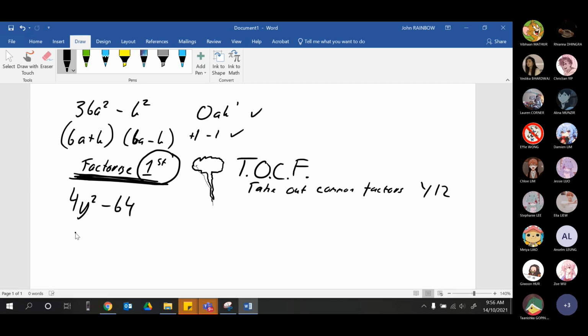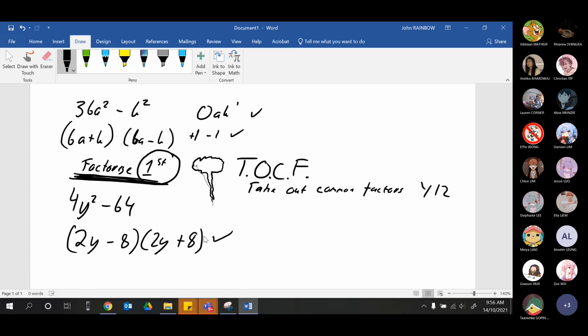Now, some people may say, oh, this is 2y minus 8, 2y plus 8, which would give you negative 64. That will cancel out with that, and that will give you 4y squared. Yes, but really, we should be taking out our common factor first, okay?